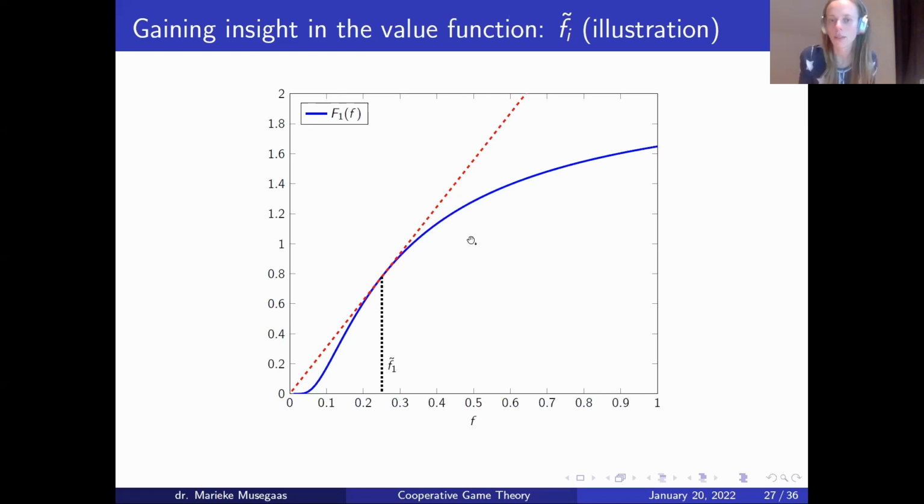That is not the case over here, because the average slope is somewhere something like this, and the slope over here is something like this. So this unique fraction F tilde is where the slope of the function is exactly the same as the line from this point to the origin. And there's only one such point because it's an S-shaped return function. And this F tilde is the dose optimal vaccination fraction. And why do we call it the dose optimal vaccination fraction?